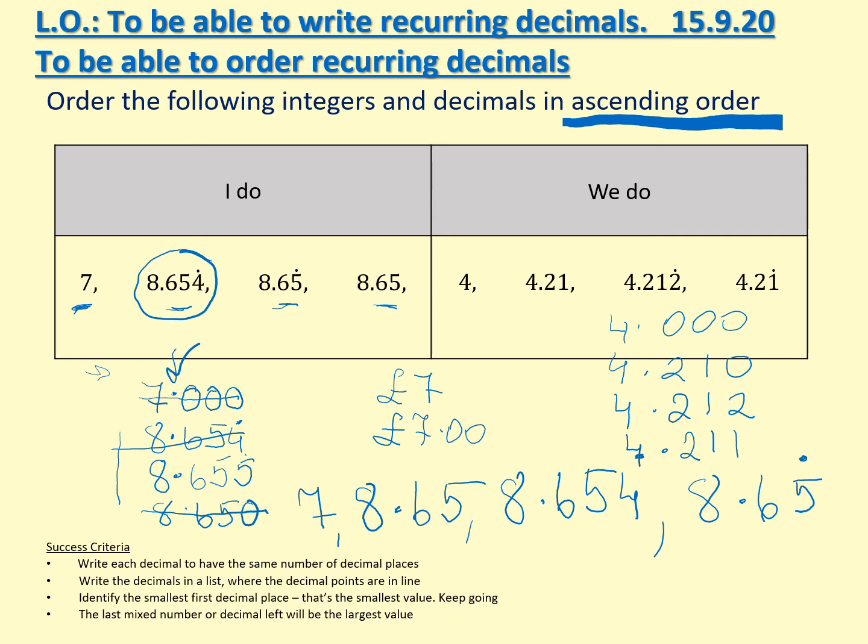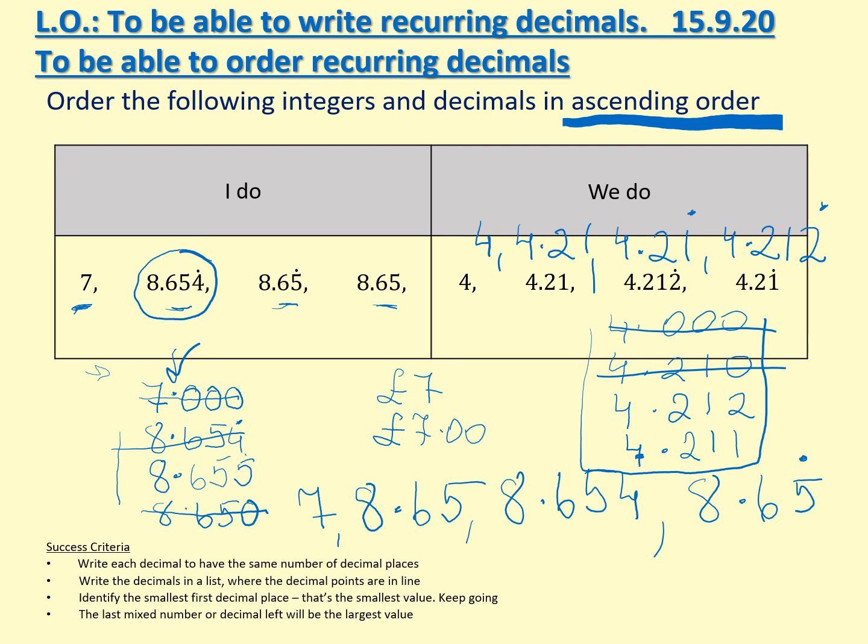And putting them back in order, in ascending order, the smallest one is 4, then 4.21, then 4.21 recurring, and the last one is 4.212 recurring. So that's the largest one.